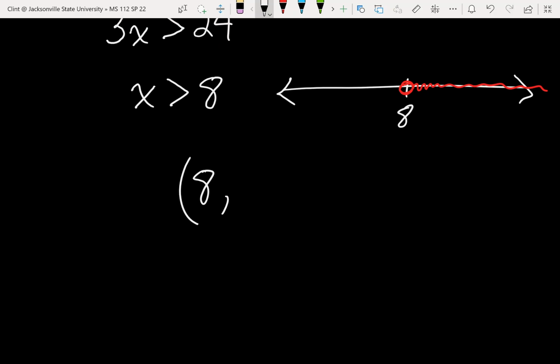And then again, our solutions get as big as we want them to, so it goes to infinity. Infinity always has a parenthesis. So parenthesis there because we don't have the equal bar, we're not including 8. Our solutions are everything bigger than 8.